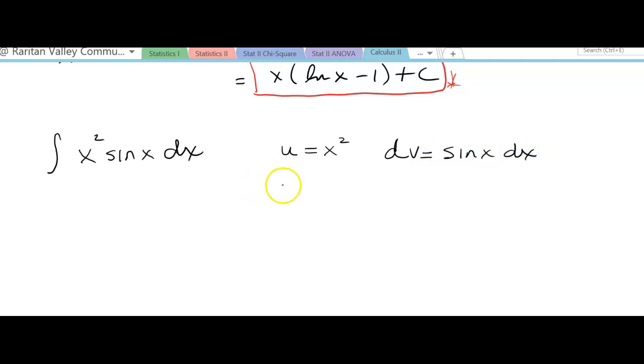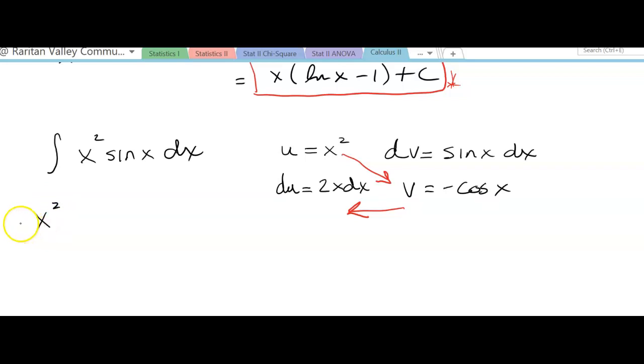So I broke it up. du, of course, is going to end up being 2x dx. And v is the integral of sine x dx, so that is negative cosine x. All right. Do your little arrows. Boom. And then this way. So uv is x squared times negative cosine x, so it's negative x squared cosine x.